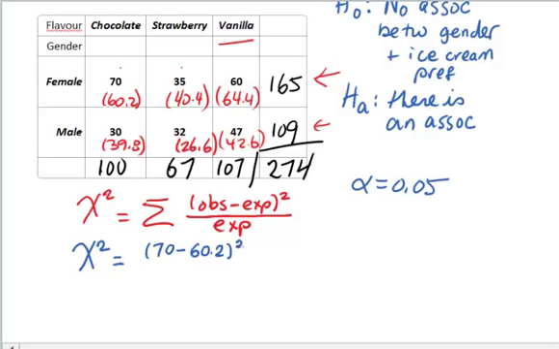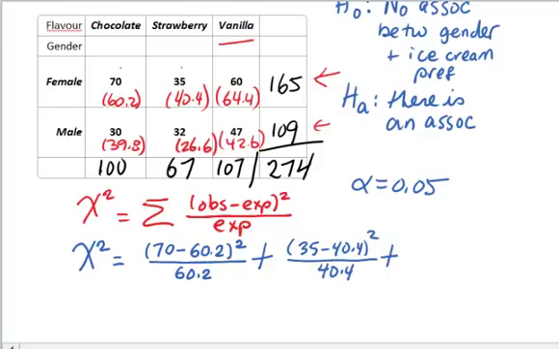That difference is squared, divided by the expected value, 60.2. That's the first term. Second will be 35 minus 40.4 squared, divided by 40.4. That's term number 2, so we're going to now do 4 more.